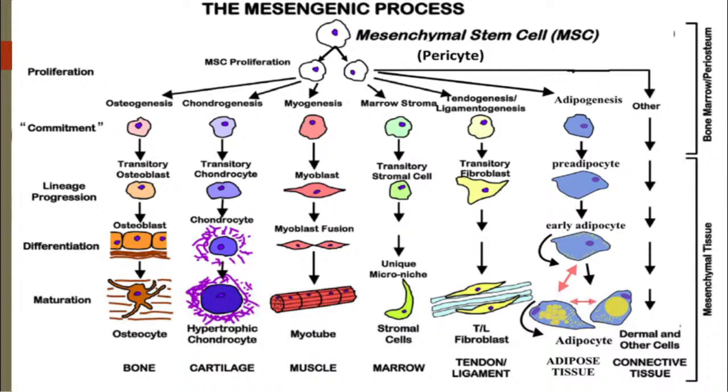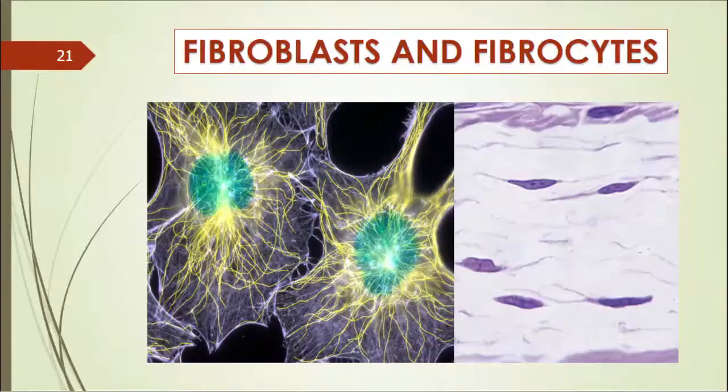This is brown adipose cells, and adipocytes with one big vacuole. This is a classical white adipose cell. So this transformation is visible as a result of differentiation after special determination.